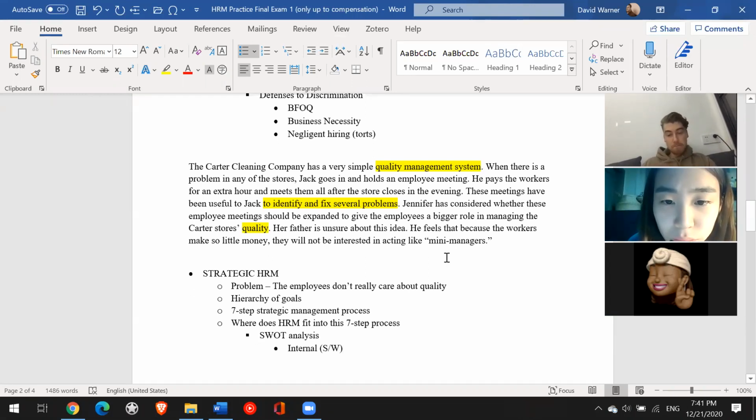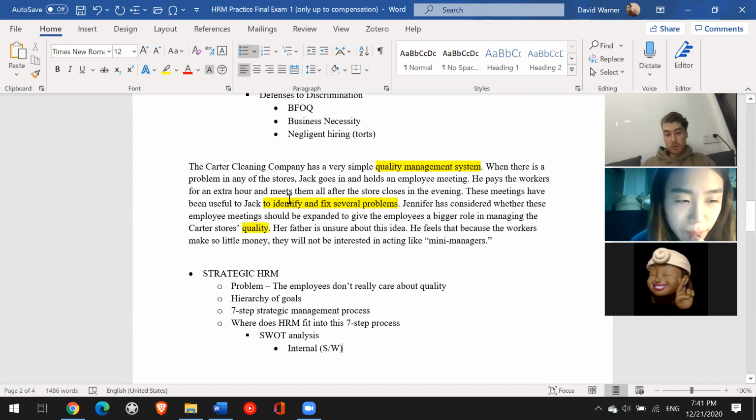Sure. Yeah, I mean, because HRM does the staffing and hiring and training, HRM knows what are the strengths and weaknesses of the company. They know the strengths and weaknesses of the people. Like identify the resources within the company. Yeah, absolutely.